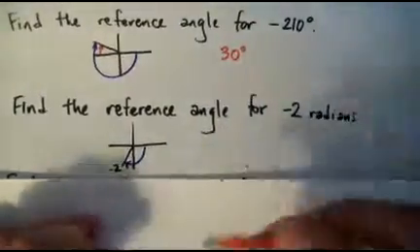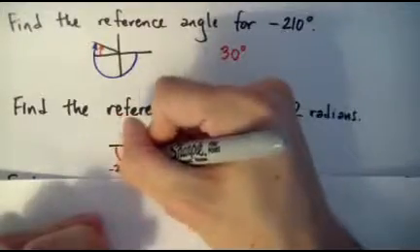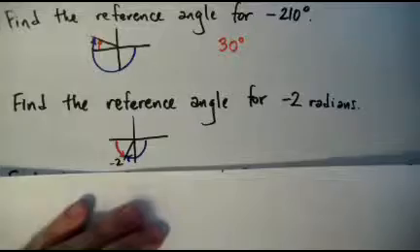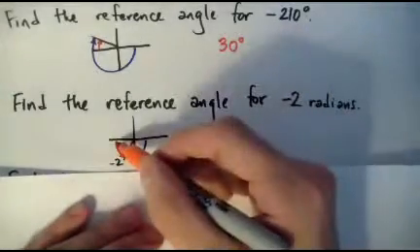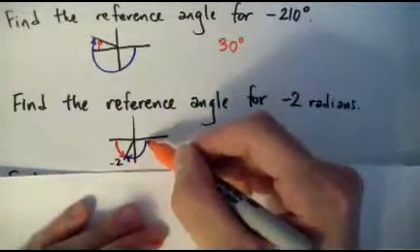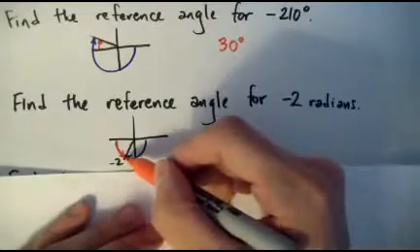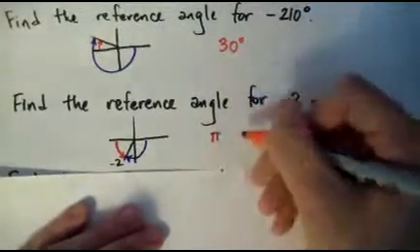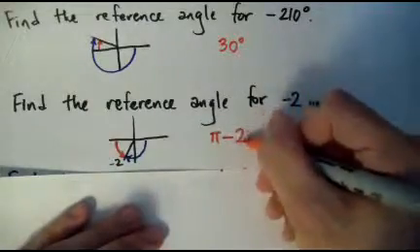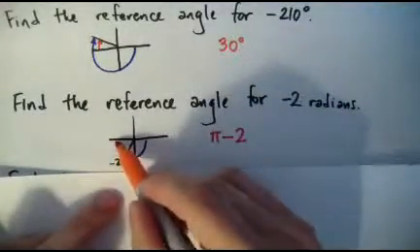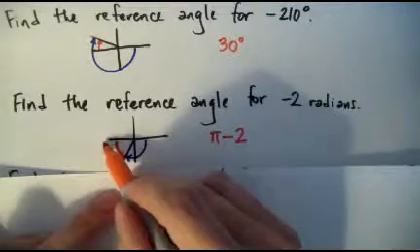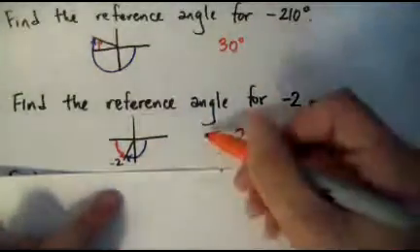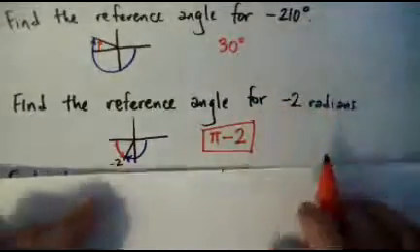It's going to be how far down we have to come from there. And remember, we want an acute angle, so if we come 2 in this direction and we didn't quite make it to pi, the answer is going to be pi minus 2. That'll be the difference between how far we need to go to horizontal and how far we actually came. So that's going to be the reference angle for minus 2 radians.